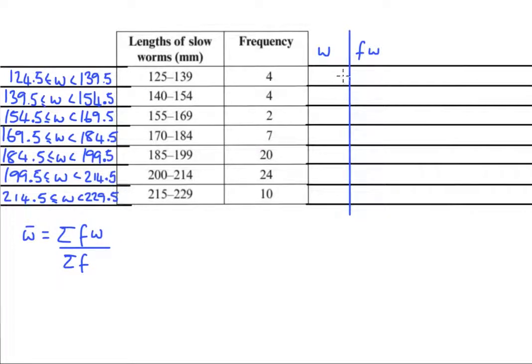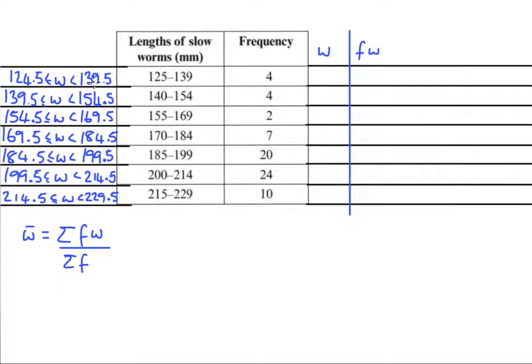So I need the midpoints of the intervals first of all. You can find that just by observation, so halfway between 125 and 139. If you're not sure how to do that just by observation, you can always find the midpoint of these two numbers, or the average of those two numbers.